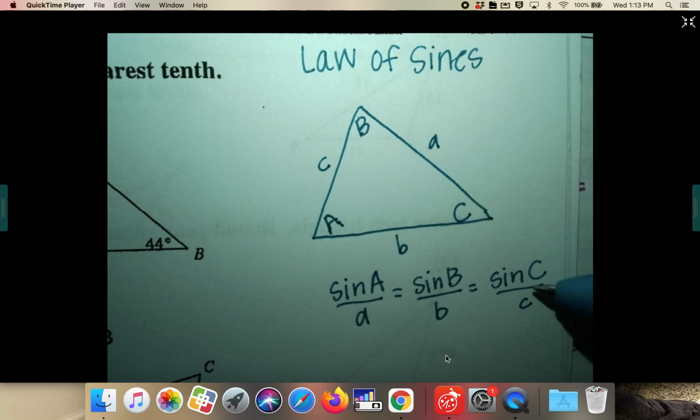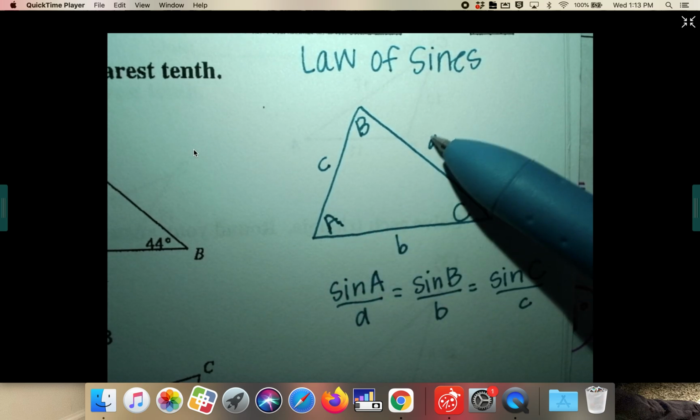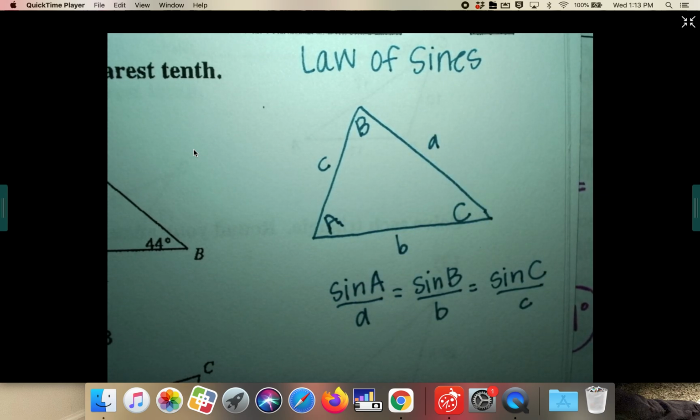So that's the capital C, which is the angle, and the side length c. So this is the law of sines. This is the new formula that we're going to be using that I will write on the board to make sure that you guys know this, but that's what you're going to use in order to find either a missing angle measure or side length, depending on which one's missing.